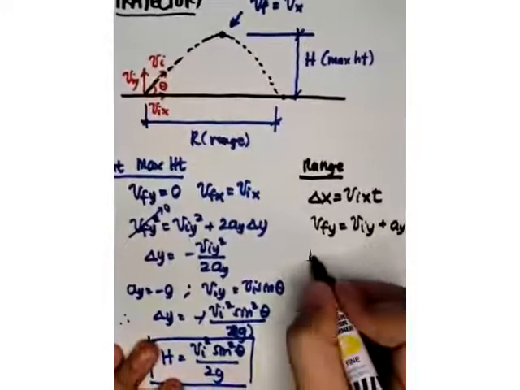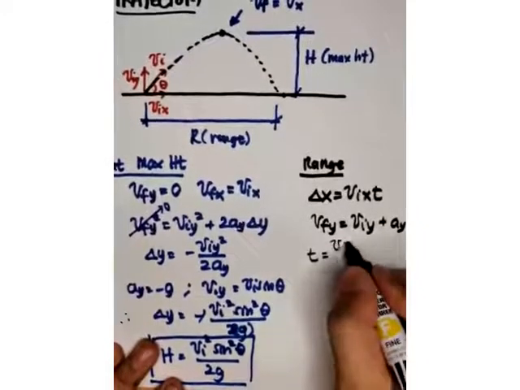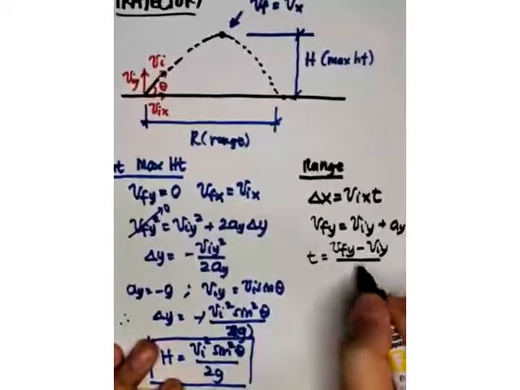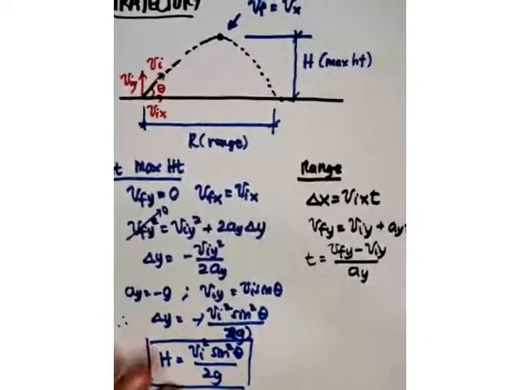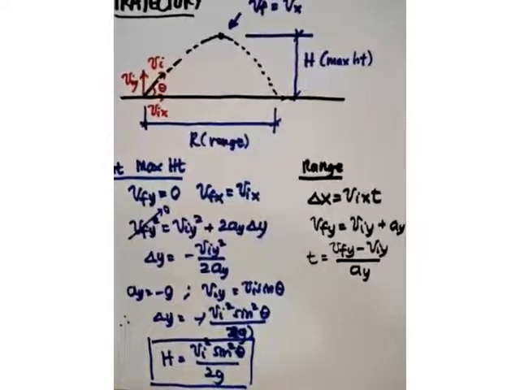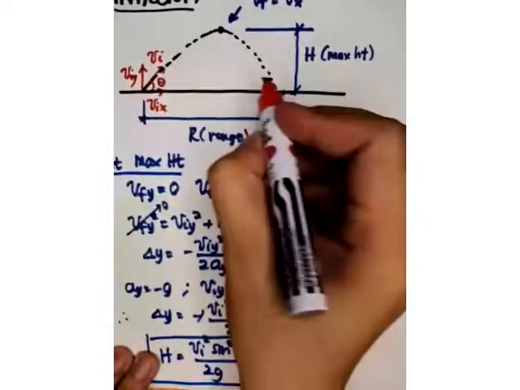Ayan. At ang time natin ay equal siya sa V final y minus V initial y, tinranspose ko yon, tapos dinivide ko ng AY. Okay? Kaya lang, class, anong meron dito?